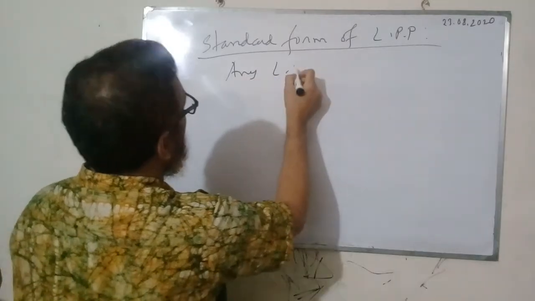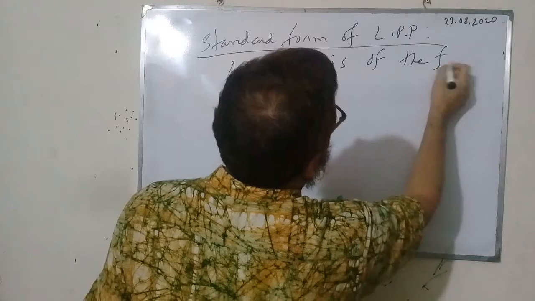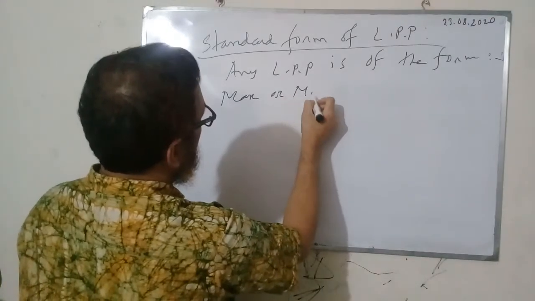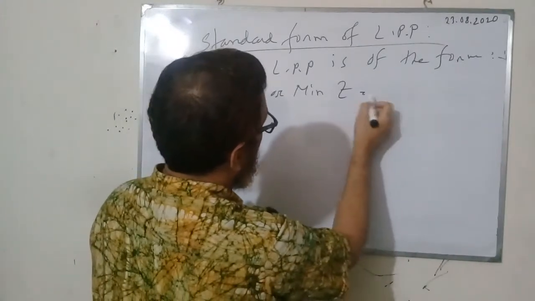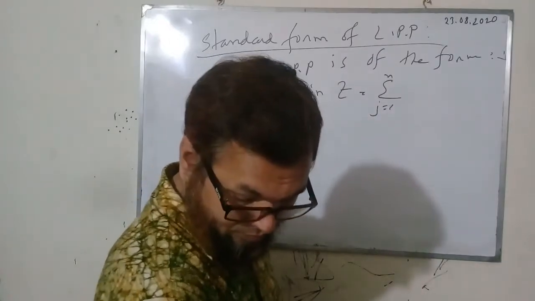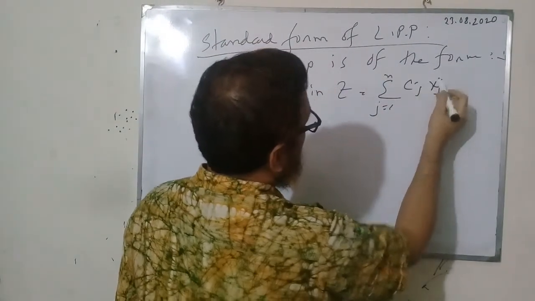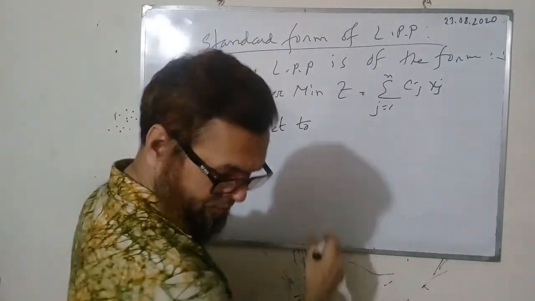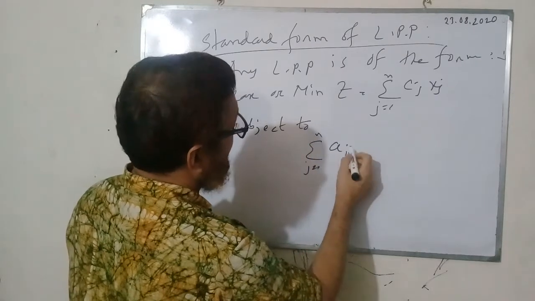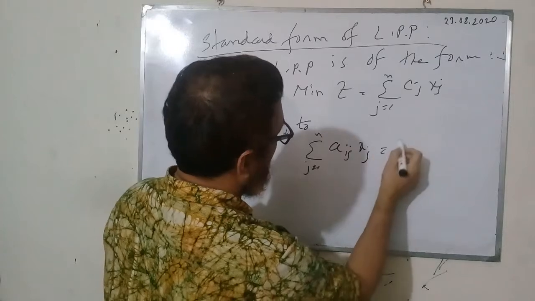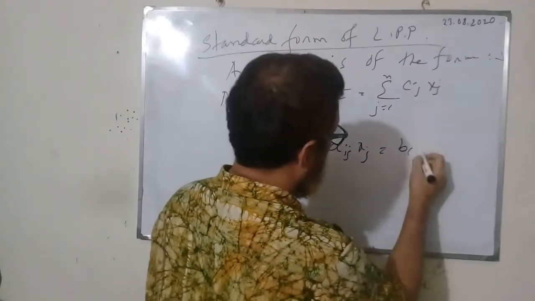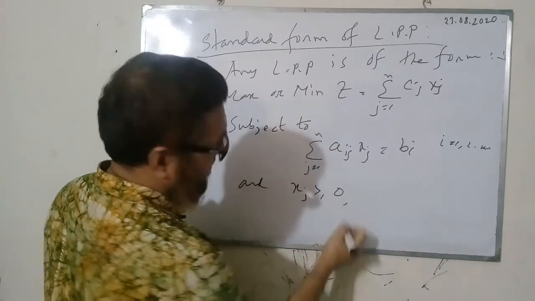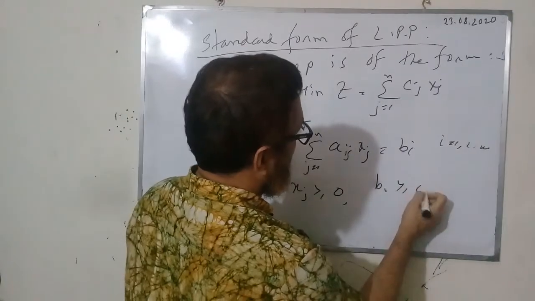Any LPP is of the form: max or min z equal to, subject to, with the variables greater or equal to 0.